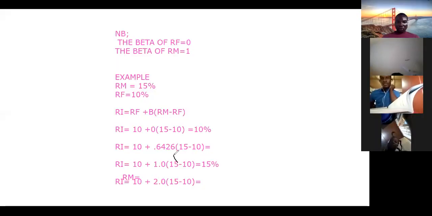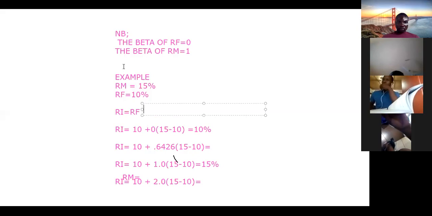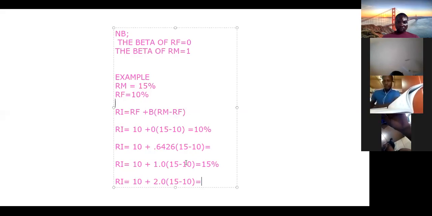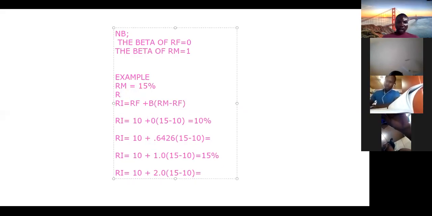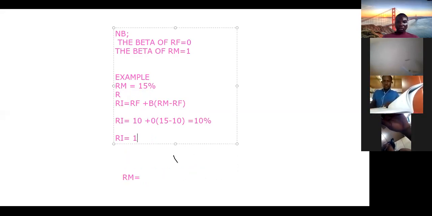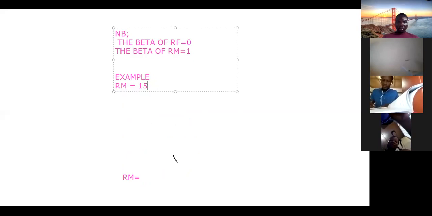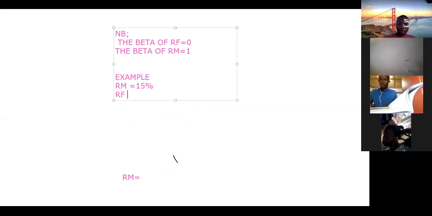From the illustration that we had over there, I'm wiping the board for the first one. We know that RM is 15%. RF is equal to 8%.